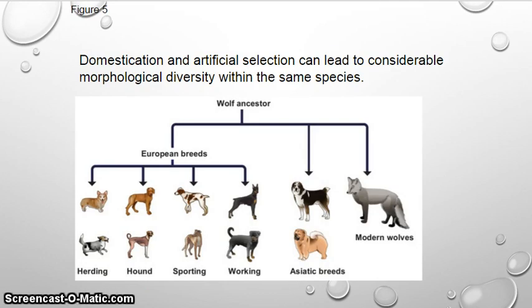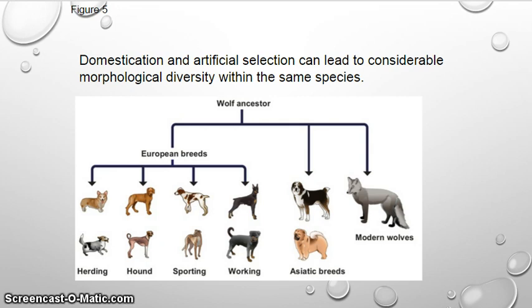Now we can look at examples where we consider different organisms to be different species, but they are technically the same species. So in the phylogeny of domesticated dogs, we see that the ancestor was a wolf, and then we had different breeds of dogs developing through selective breeding over time and many generations.